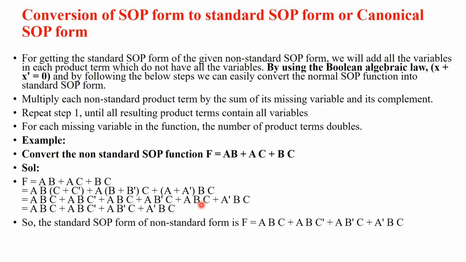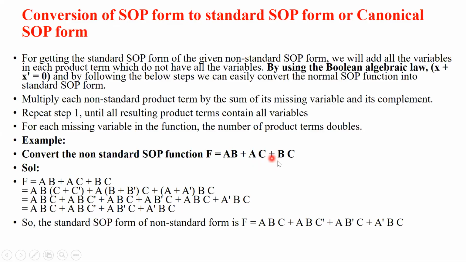We will not write 3 ABC. x plus x plus x plus x is giving me x only because the value is 0 or 1. So from this expression, I write ABC once, then ABC dash, then AB dash C, and then I am left with A dash BC. I write this. Repeated terms will be written only once.